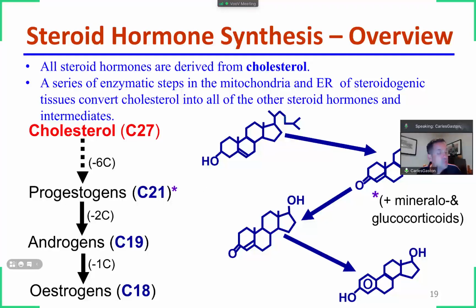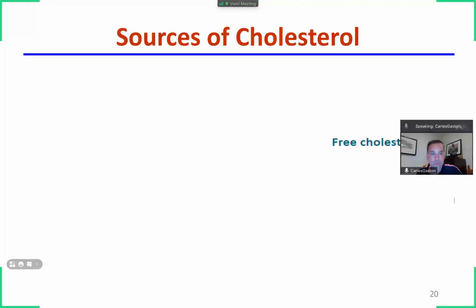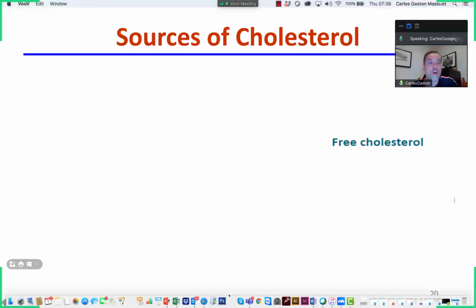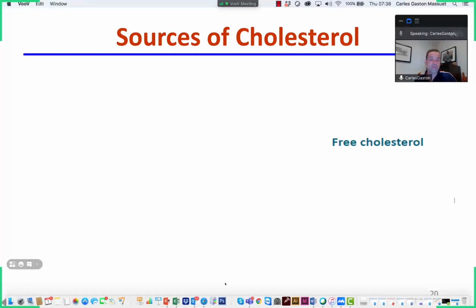Remember that each one of these hormones is produced in one area of the adrenal cortex, in the glomerulosa, fasciculata, or reticularis. So let's look into the sources of cholesterol in the body.